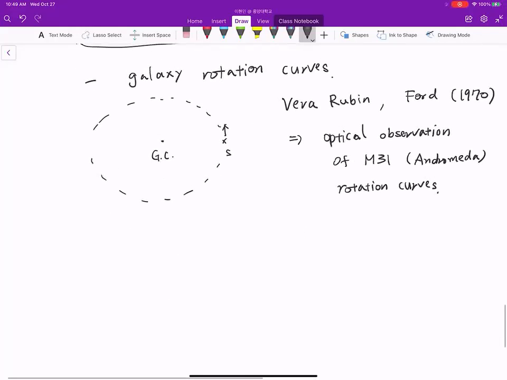As you remember, according to Newtonian mechanics, Newtonian gravity, if you have a test mass, in our case our solar system, at distance R from the center of the galaxy, there is the Newtonian force.